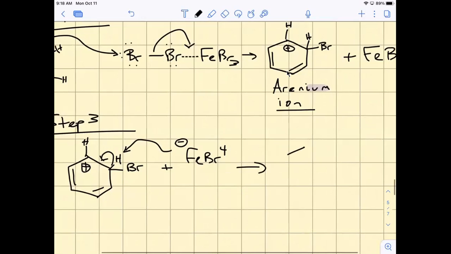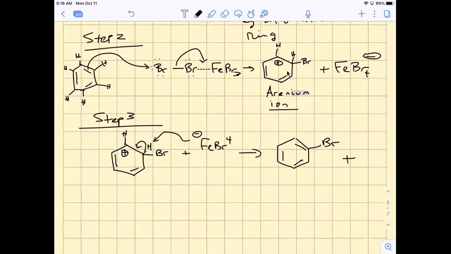And then your aromatic system is intact again, which is good, right? You don't want to lose that aromaticity and lose all that good energy. So my bromine is attached, and you end up with some HBr, and the catalyst gets regenerated.